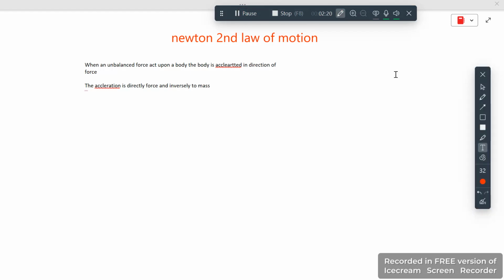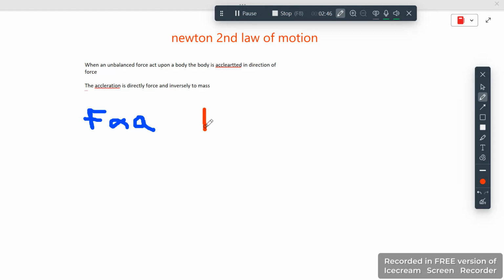So I've just written that force is directly proportional to acceleration, so its mathematical form could also be F directly proportional to the acceleration.